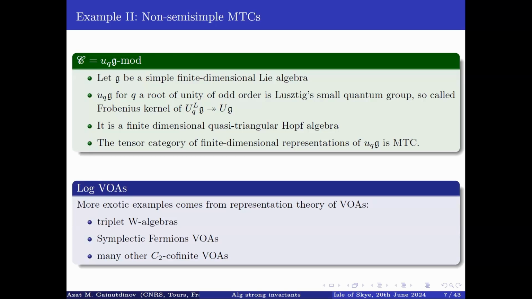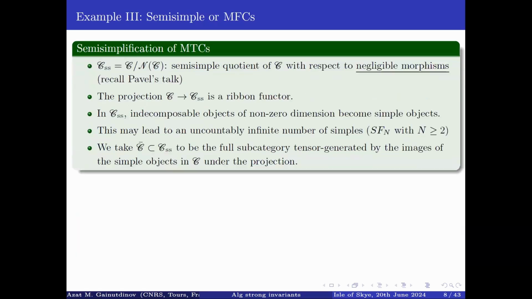The first example, I presented it in a very simple form in Hopf algebra terms, but that category is very fundamental because it is Ribbon equivalent, at least in some cases proven and in some cases conjectured, to categories of representations of this very fundamental class of vertex operator algebras. And there are many other logarithmic conformal field theories. So we have plenty of modular tensor categories.